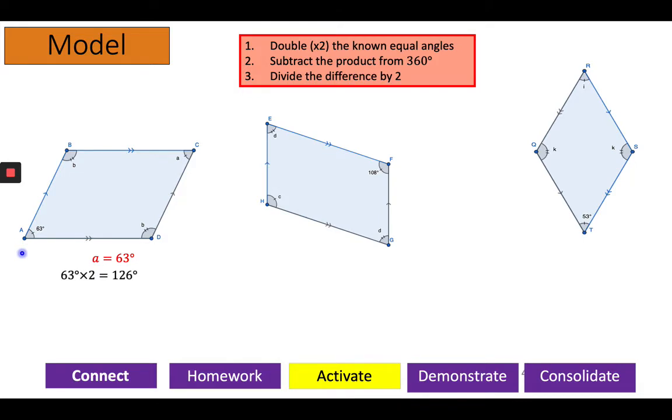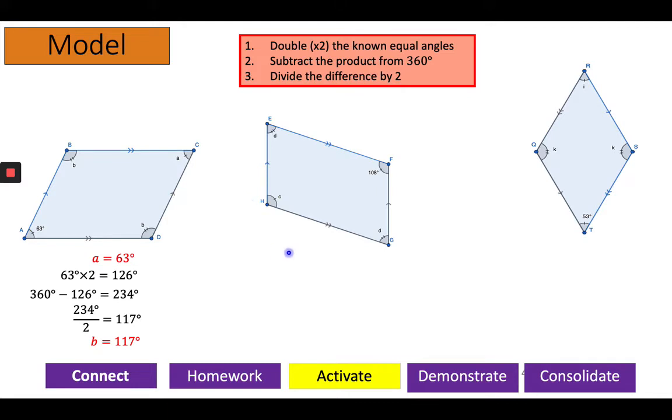We then subtract 126 from 360, and we get 234 degrees. We'll then divide that by 2 because we have two equal angles left over. So we divide 234 by 2 and we get 117. Therefore, angle B equals 117.